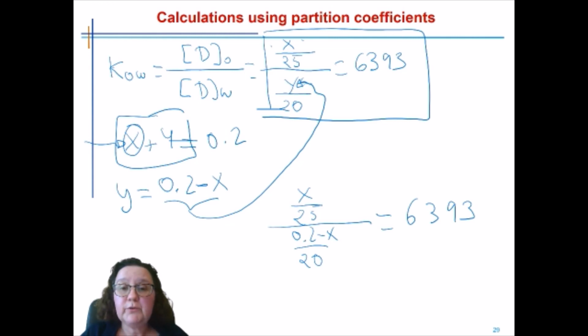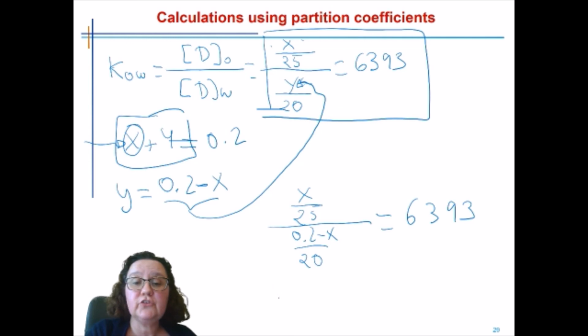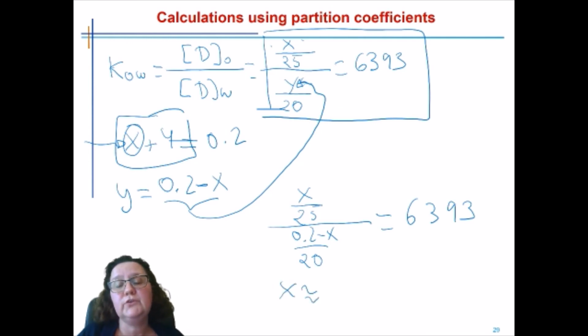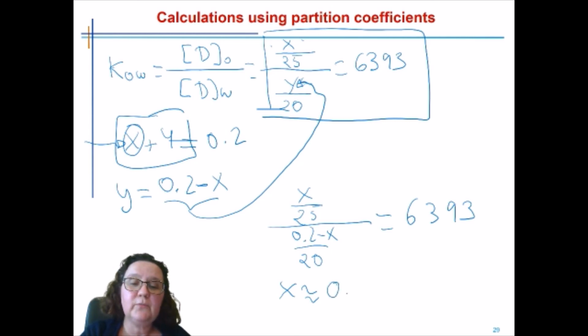It doesn't look very pretty, and it will take a lot of moving numbers around, but it is one equation that has one unknown, X. If you do the calculations, give or take depending on how you use your calculator and round decimal places, you get roughly 0.19 grams.